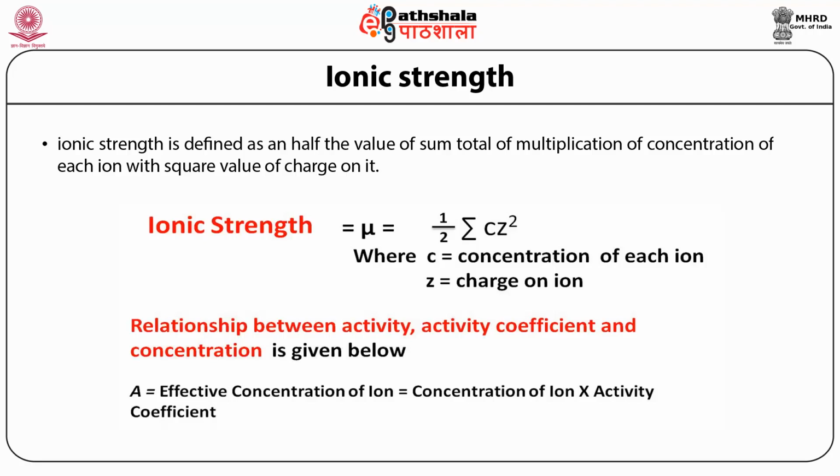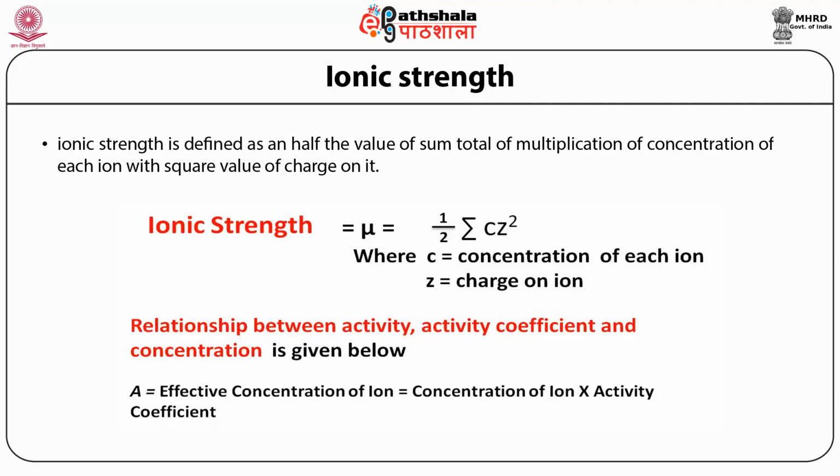But if we see the case of calcium chloride, which on dissociation gives calcium ion and twice the concentration of chloride ion, calcium ion carries 2 positive charges and chloride ion 1 negative charge. So if we use this particular equation, then for 1 molar calcium chloride, the ionic strength will be 3.